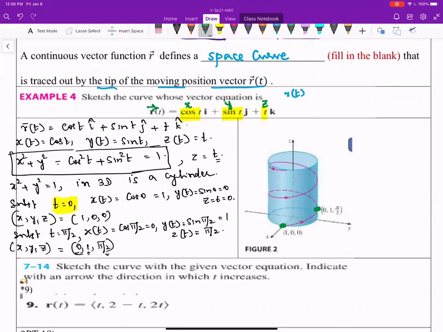So the curve starts here and goes in the anti-clockwise direction. It goes spirally counterclockwise. You can check this for various values of t.